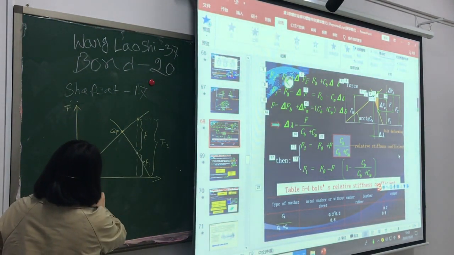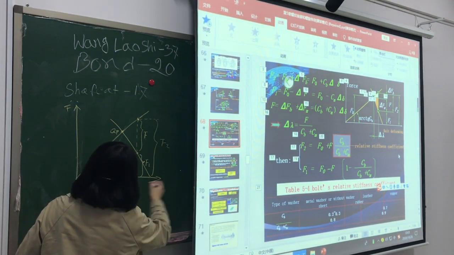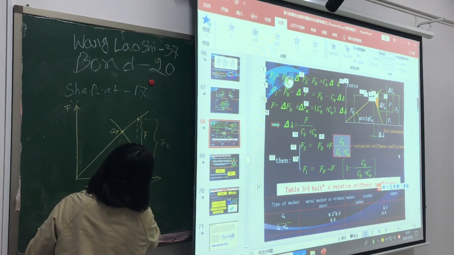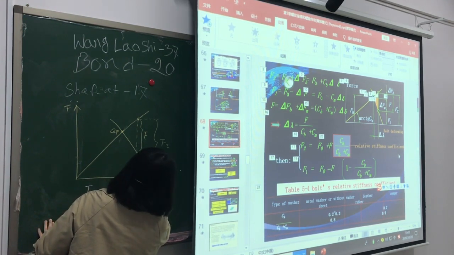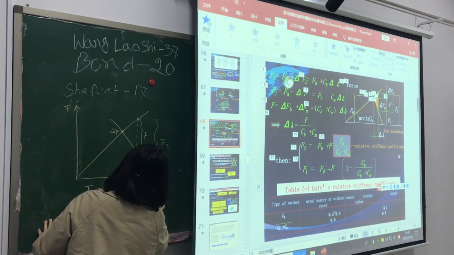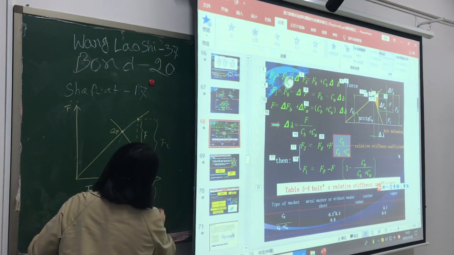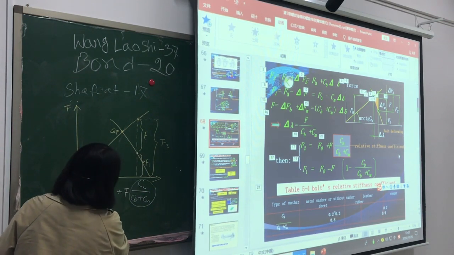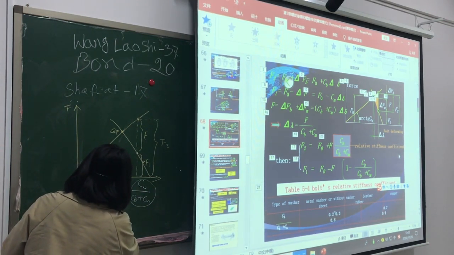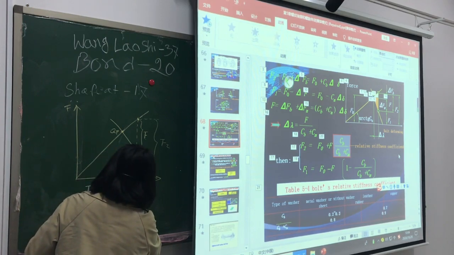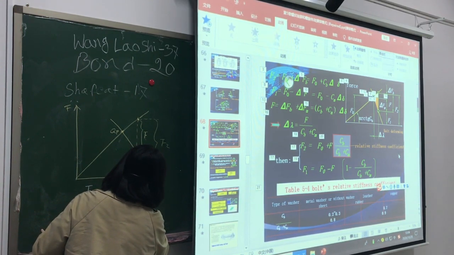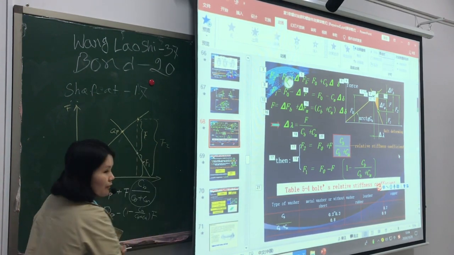F2 equals F0, which is Q P, plus F times CB over CB plus CM, the relative stiffness coefficient, and F1 equals Q P minus F times the relative stiffness coefficient.